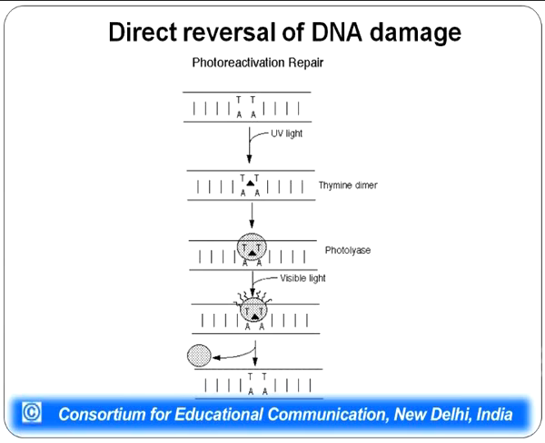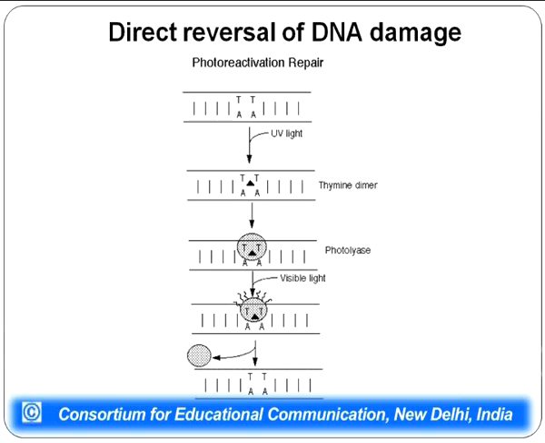Now, in order to monomerize this dimer, cells have an enzyme known as photolyase. Photolyase, in the presence of visible light, that is light between 300 to 500 nanometer, leads to monomerization of the dimer. So now we have normal thymine base pairs instead of a thymine dimer which exists as a cyclobutane ring, and there is no more replication block present here.